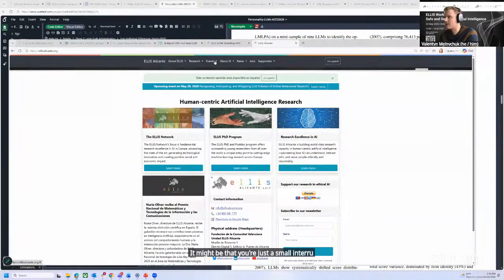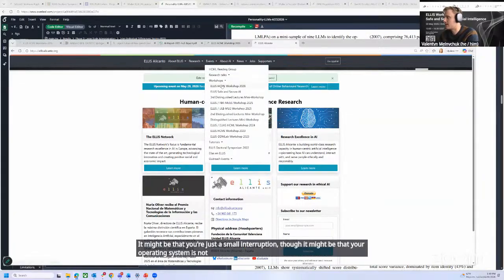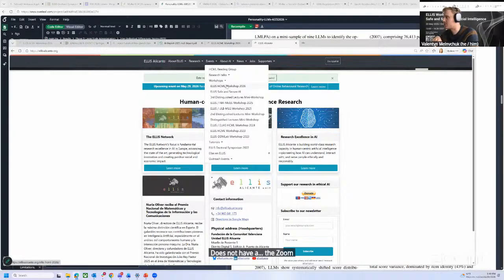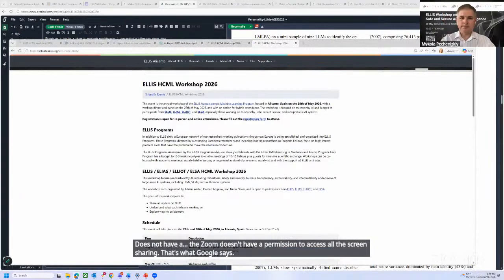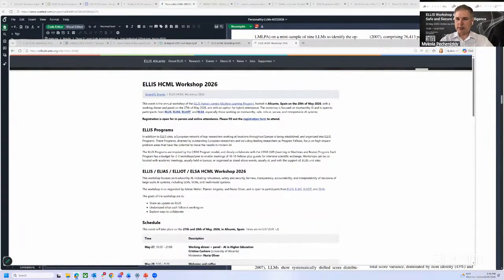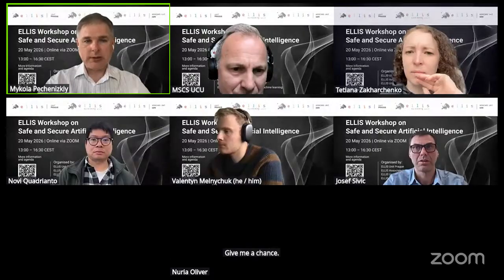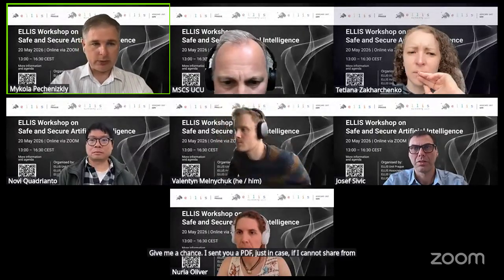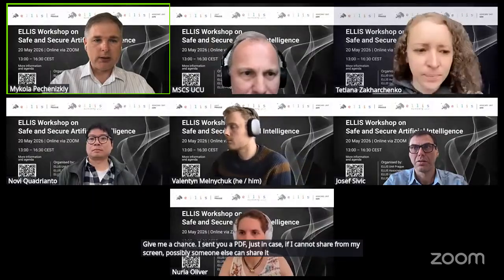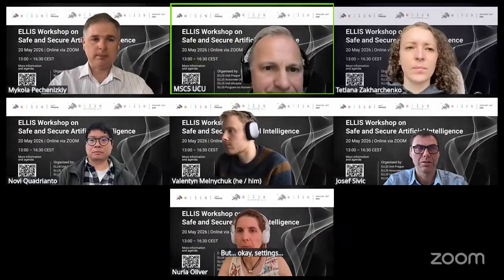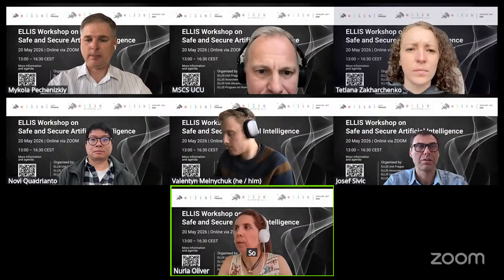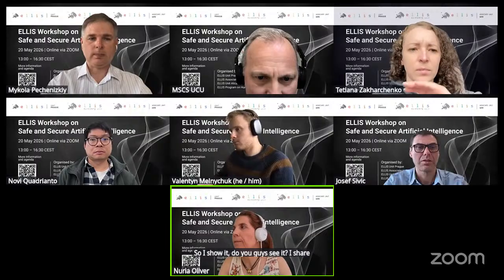Though it might be that your operating system does not give Zoom permission to access all the screen sharing. That's what Google says. It should be, I've been using it unless there was some automated update. I sent you a PDF just in case I cannot share from my screen, possibly someone else can share it. So I share my screen. Do you guys see it? Yes. Okay, yeah, thanks.